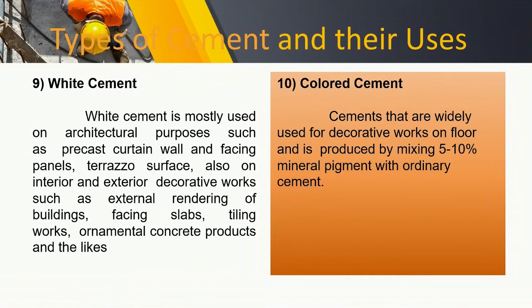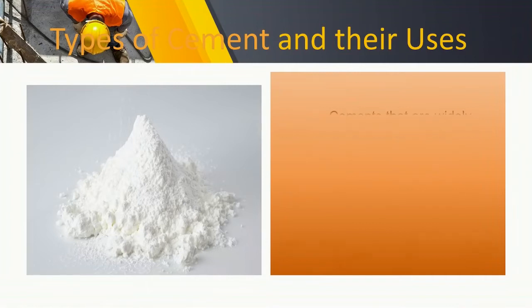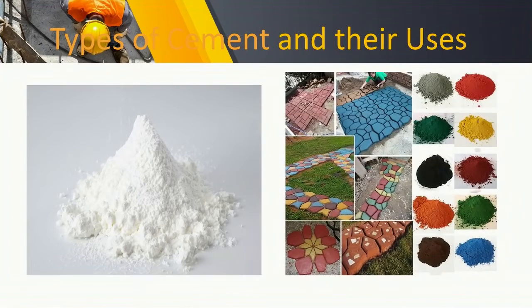It is the type of ordinary Portland cement that is colored white and is costlier. So, yan yung itsura niya. And then yung 10, colored cement. Cement that is widely used for decorative works on floor and is produced by mixing 5 to 10% mineral pigment with ordinary cement. So, yan. Diyan siya kadalasang ginagamit. Para siyang painting.